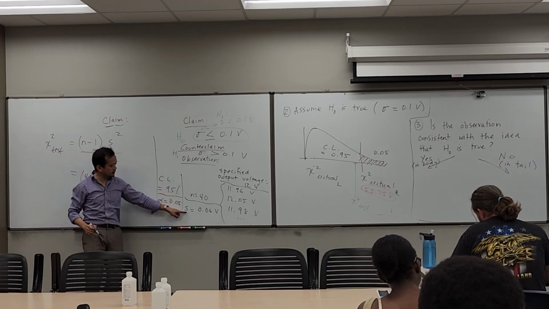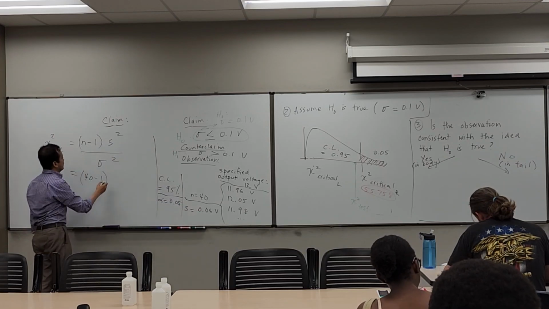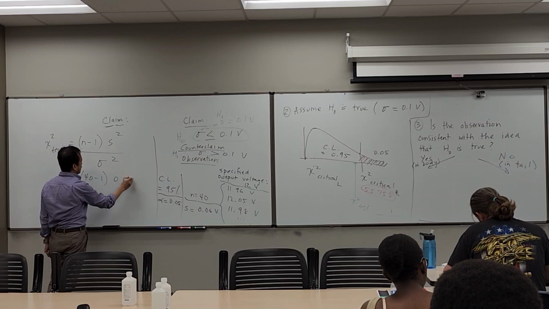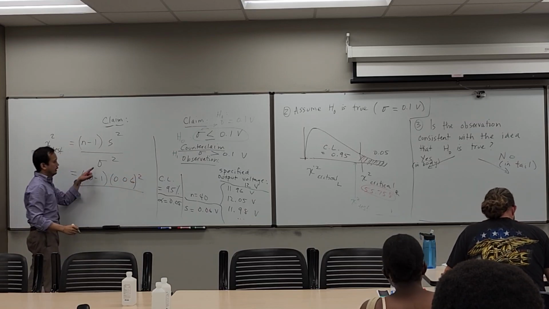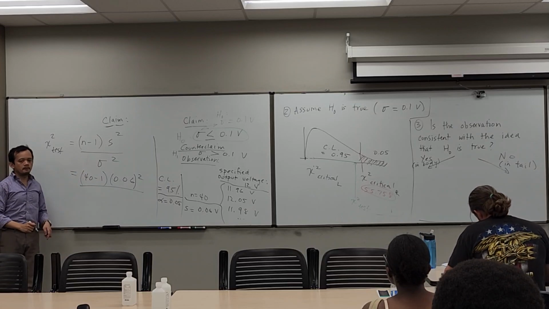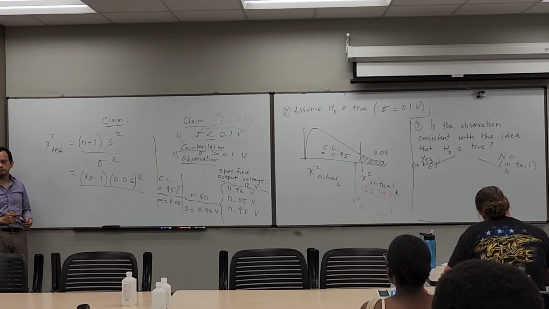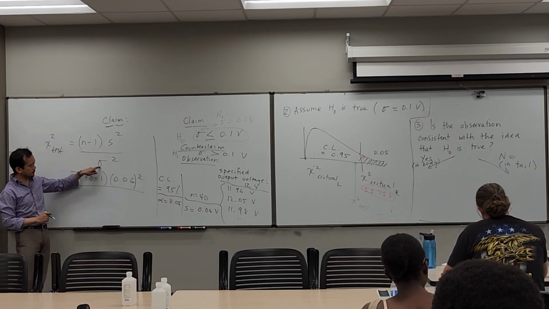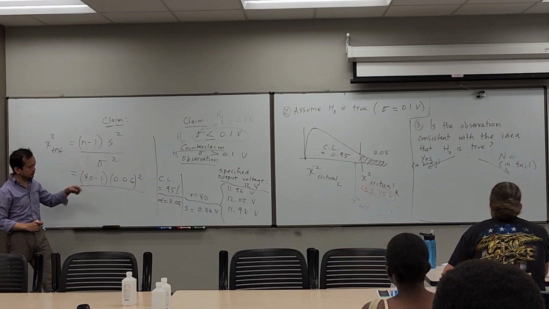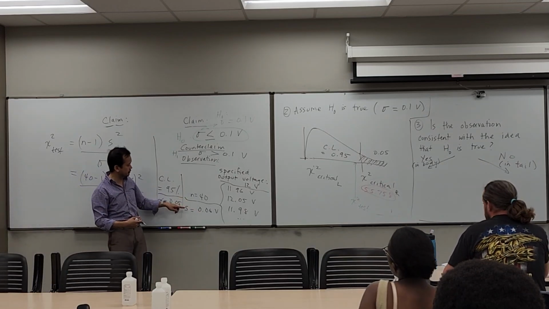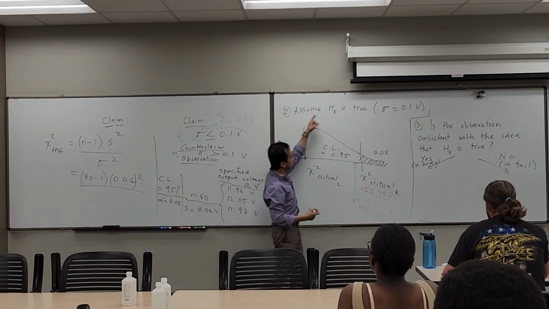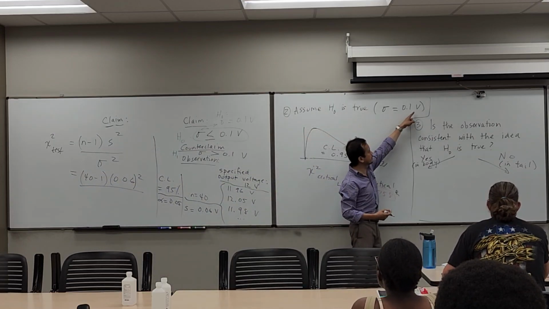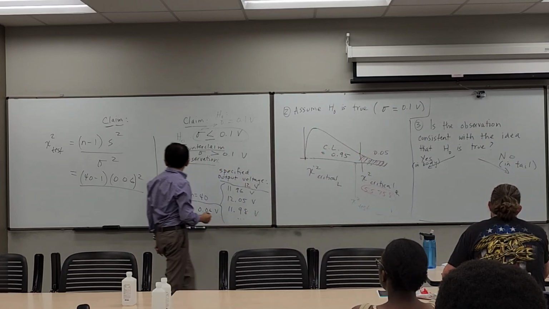S is the sample standard deviation that's given. And then sigma. Okay, very good. So remember, sigma is a population measurement, so we actually don't know that because we have only observed the sample measurement. But there's a step in hypothesis testing where we're assuming H0 is true, so we're assuming that sigma is 0.1.